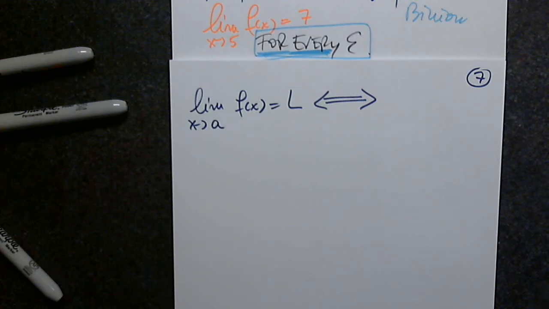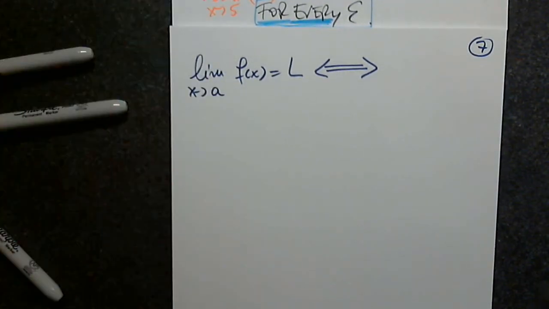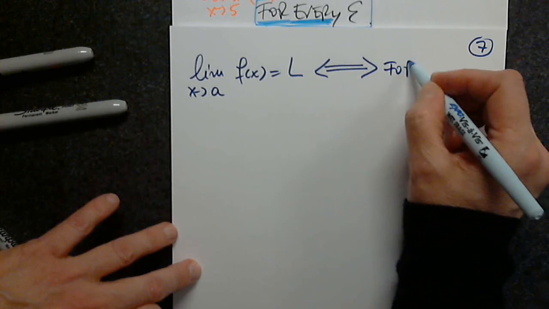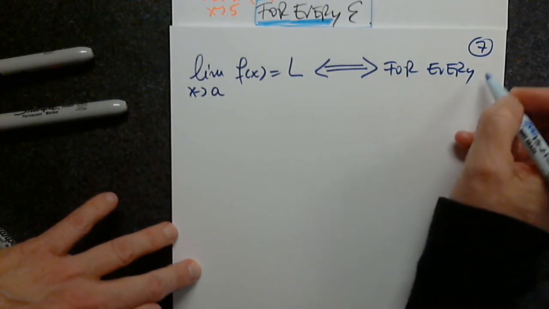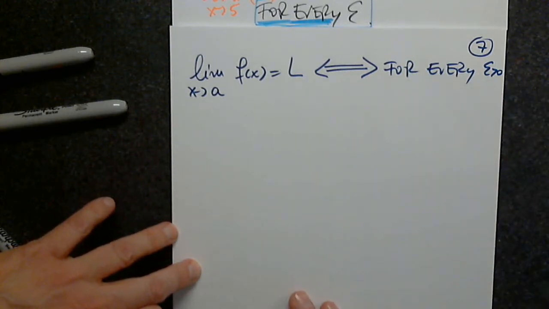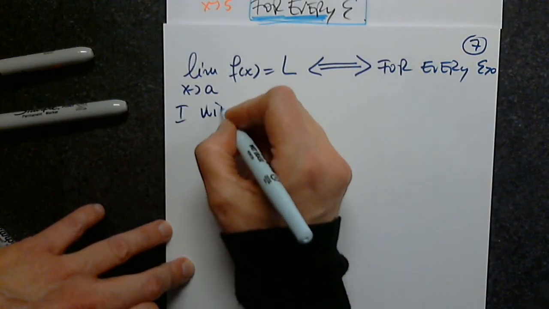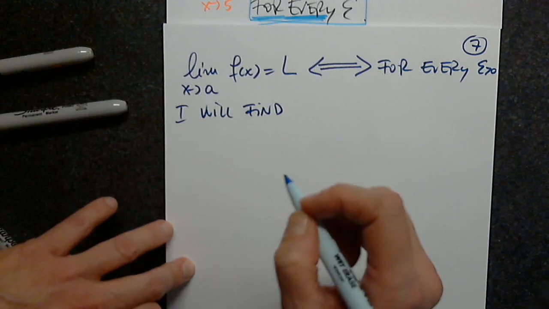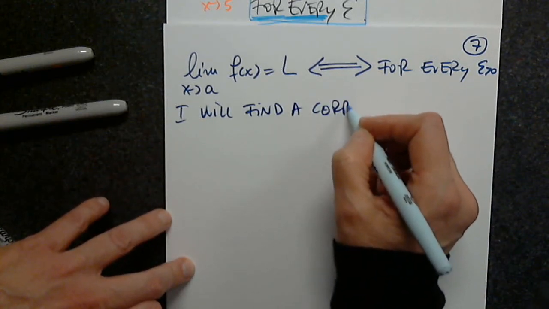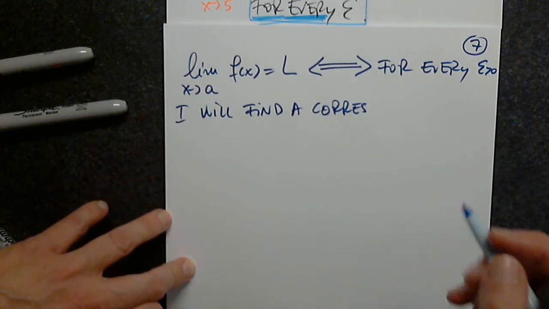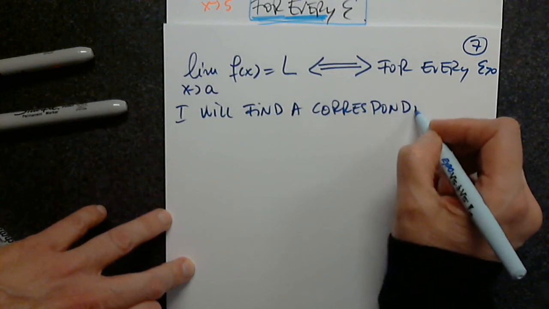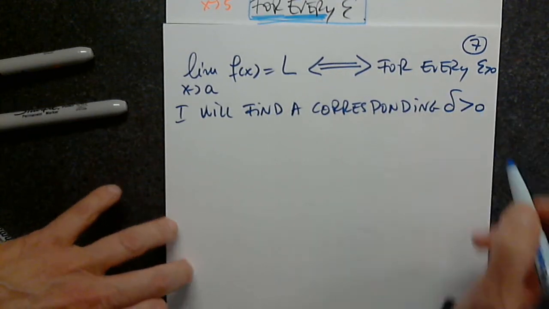And now again in plain English, for every epsilon positive, I will find, and this is important, a corresponding, it will depend on epsilon, delta positive.